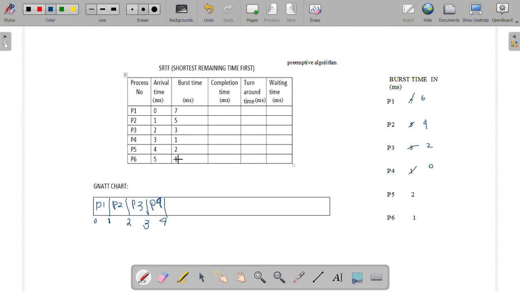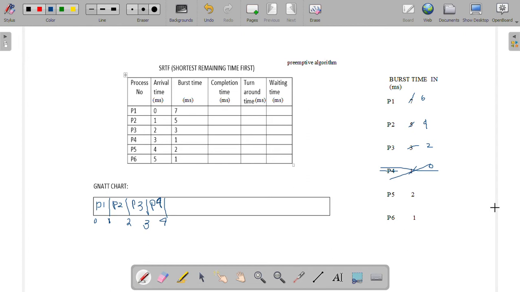Now at 4 milliseconds, whichever process has the least burst time will be scheduled. At 4 milliseconds, processes P1, P2, P3, P4, and P5 have come. P3 and P4 have the least burst time, that is 2, but we will not consider P4 because it is already done with a burst time of 0.